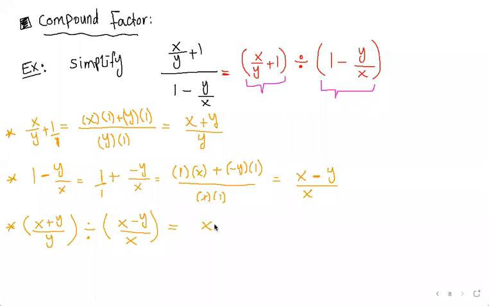So this is equal to x plus y over y times x over x minus y. Anything we can simplify or cancel? No, we can't cancel anything. So what's the answer? x plus y times x over y times x minus y.